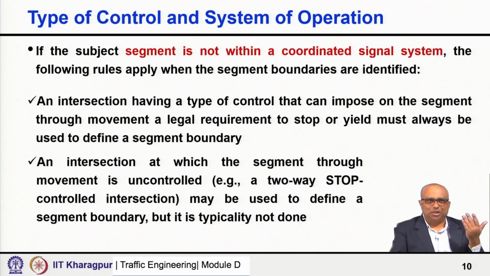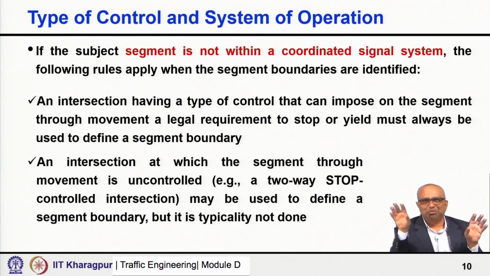When the segment is not within the coordinated signal system, then also certain rules may be applied to identify the segment boundaries. First, an intersection having a control that can impose on the segment through movement a legal requirement to stop or yield must always be used to define a segment boundary.